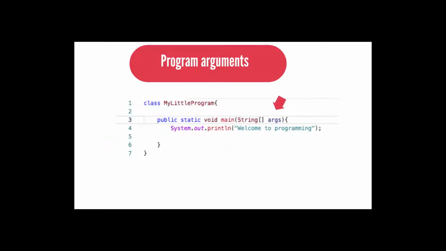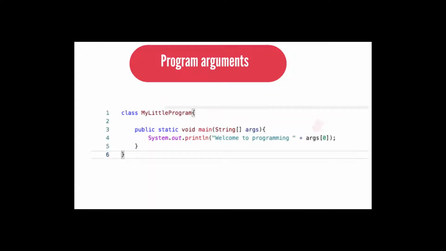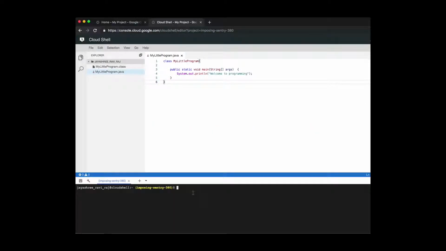The program arguments are then passed on to the main method from the JRE, and inside the main method, you can use the index numbers to access the individual elements of your string array. Notice in this example, only one string was passed from the program argument, and hence only the 0th index element is valid. Let's run this program from the command line.